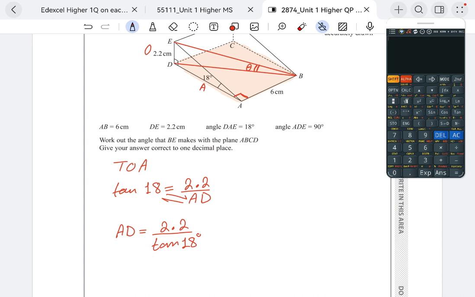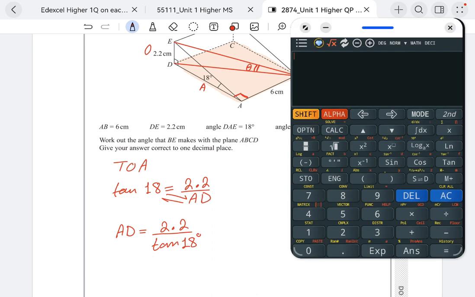Okay, so let us see how we can use the calculator. Here's the fraction, 2.2 over tan 18. Don't forget to close the bracket. The answer is 6 point something. So AD equals 6.77090378179.